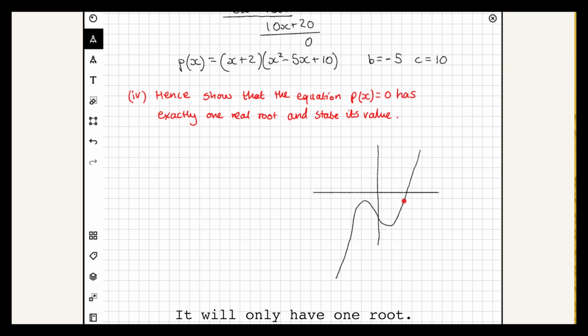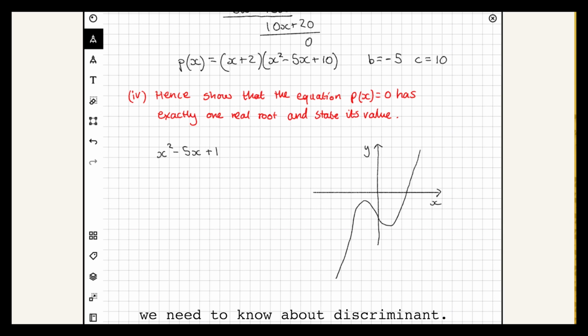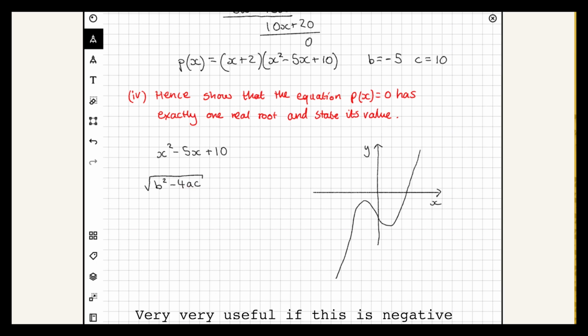That's what that means. So if this function here cannot be factorized, we need to know about discriminants. The discriminant, remember, is part of the quadratic formula. It helps us out with this kind of thing: b squared minus 4ac. Very, very useful.